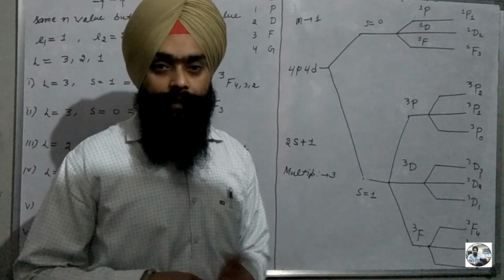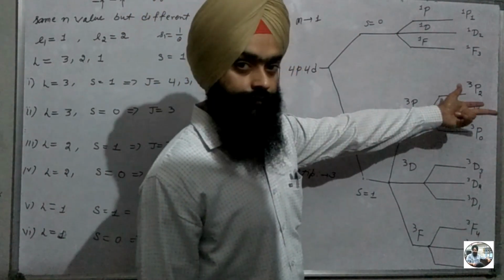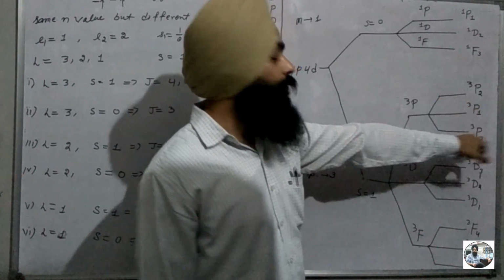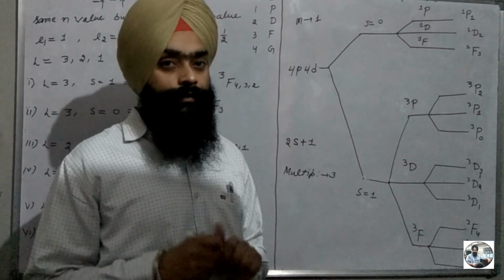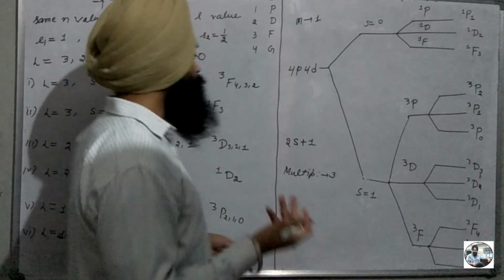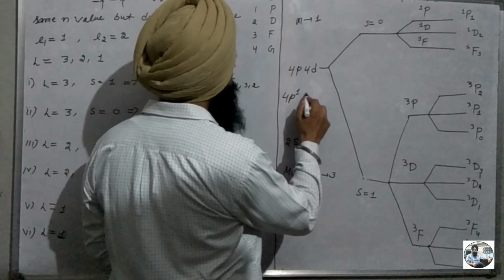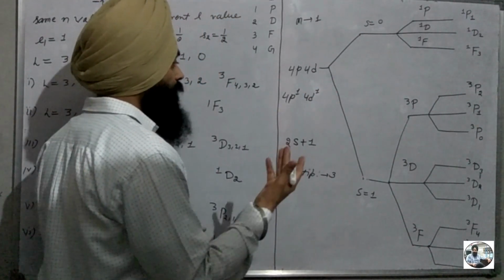For electrons having more than half-filled states, these values will be reversed. This means to say the higher J values will go lower in energy for more than half-filled states. What are the more than half-filled states? In this present case, we have the 4p1, 4d1 state. What will be the more than half-filled?